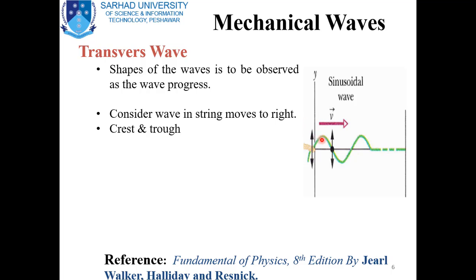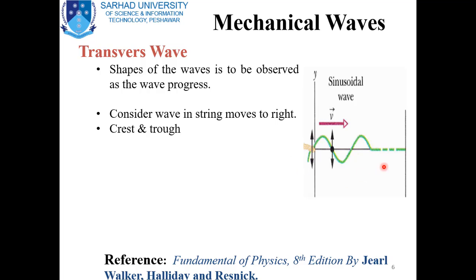The upper part of this waveform is known as the crest, and the lower part of this waveform is called a trough. From the figure it is clear that the disturbance moves to the right while the particles of the material medium, that is, the particles of the string, move up and down.